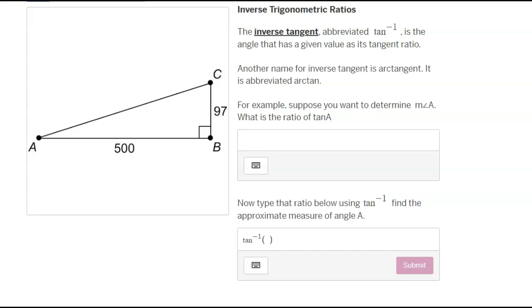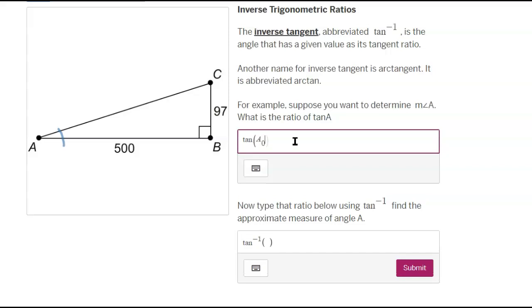For example, suppose you want to determine the measure of angle A. We can use that ratio tan A because A is our theta.